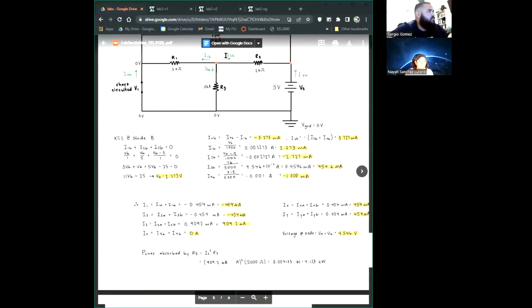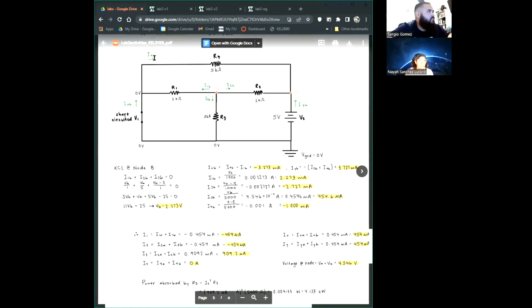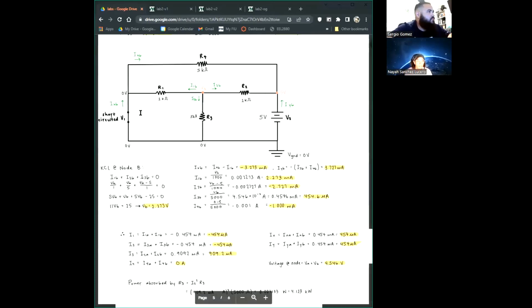For current 3, we have 909.2 microamps coming out of the node. And as mentioned in activity 1, current 4 is 0 amps because they cancel each other out. And for current X and current Y, we have 454 microamps.